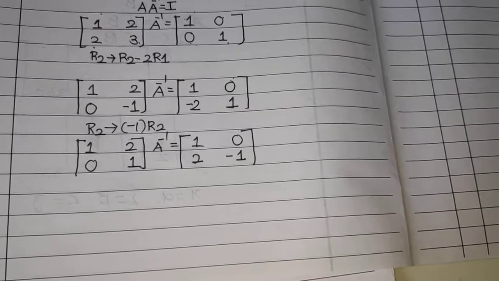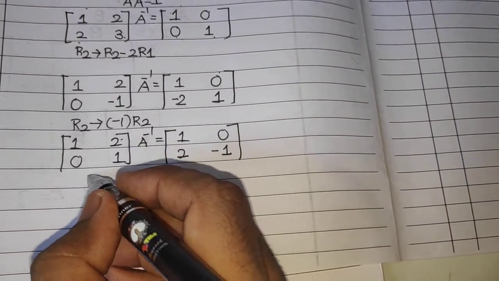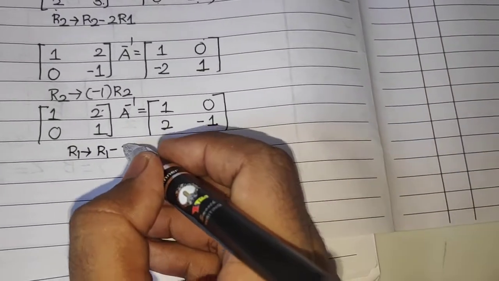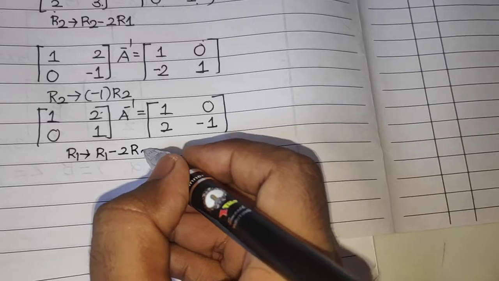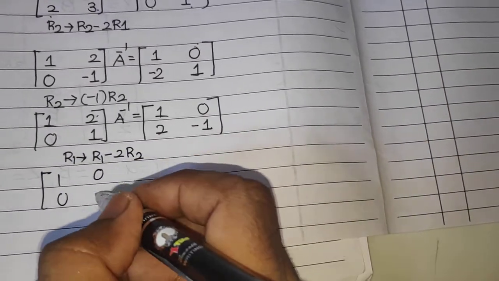Now with respect to 1, we have to turn this to 0. How can I do that? R1 change to R1 minus 2 times R2. So 1, 0, 0, 1.